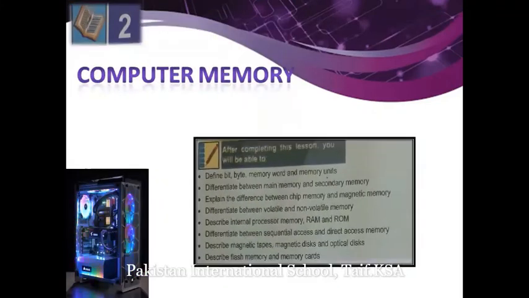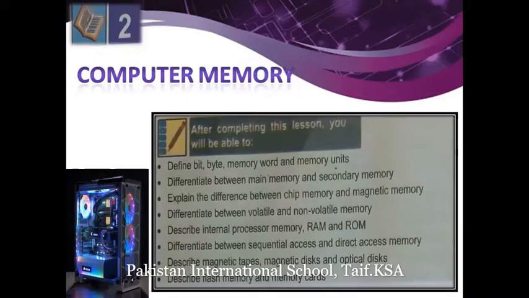After completing this lesson, you will be able to understand the following points. Number 1, define bit, byte, memory word, and memory unit. Number 2, differentiate between main memory and secondary memory. Explain the difference between chip memory and magnetic memory. The next one, differentiate between volatile and non-volatile memory.